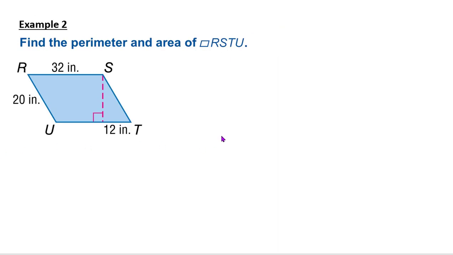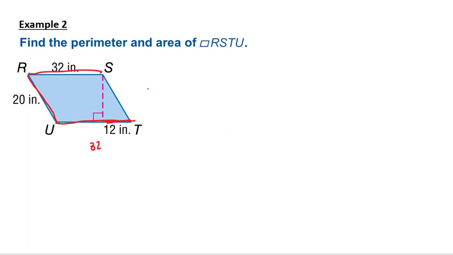Next one, find the perimeter and area of parallelogram RSTU. So let's look at this one. We have a parallelogram, this side is 32. That's how we know that whole side is 32. This little piece is 12.